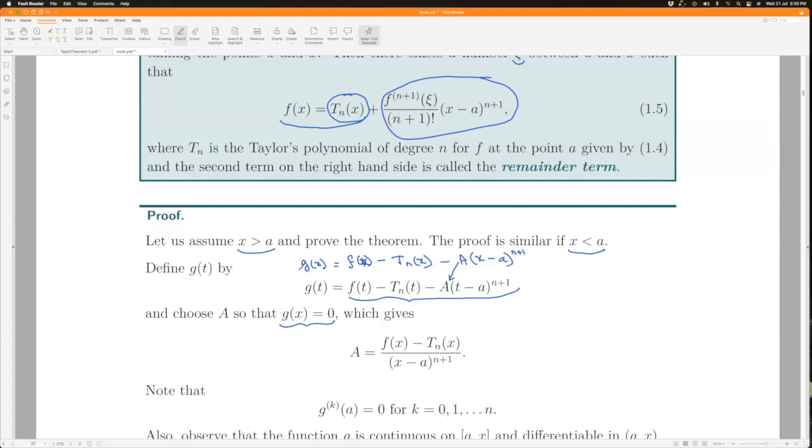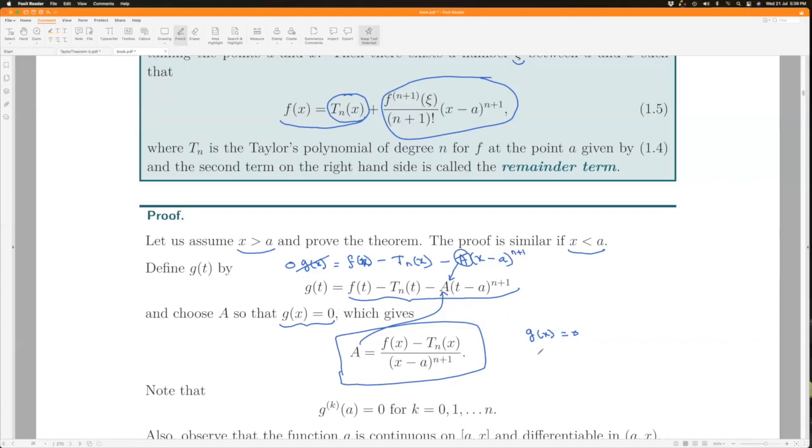Now you make this as 0, and from there you get the expression for A like this. So once you have A, you can see that by plugging in this expression for A, we always have g of x is equal to 0 for a fixed x. You give me an x, I will give you an A, like that it goes.